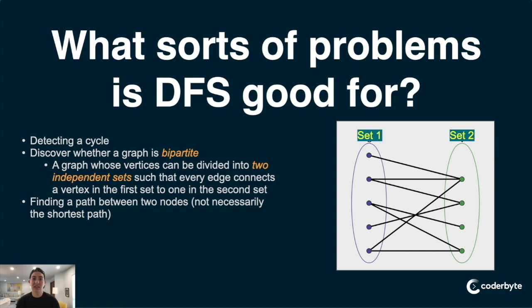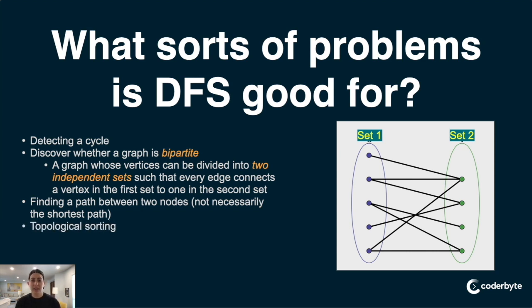Where you're trying to see, can I get from point A to point B through these various twists and turns? When I reach a dead end, I need to backtrack and then continue on, right? That's a classic maze question. And if you are just looking for whether or not it's even possible to get from point A to point B, depth first search is a great algorithm for that.